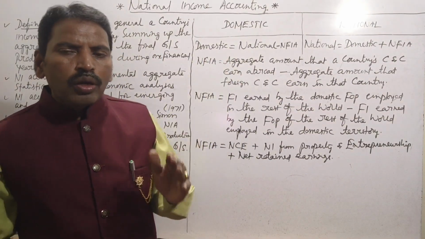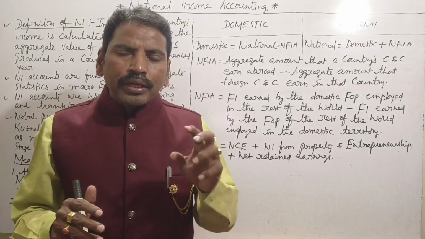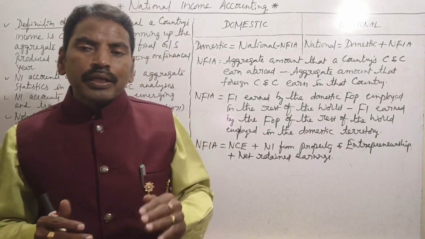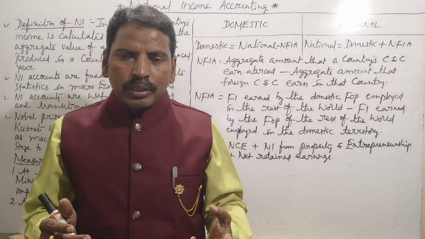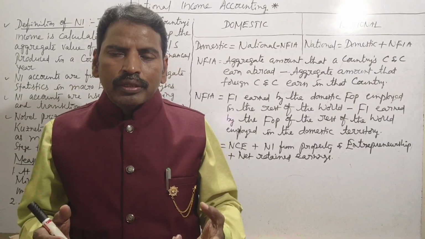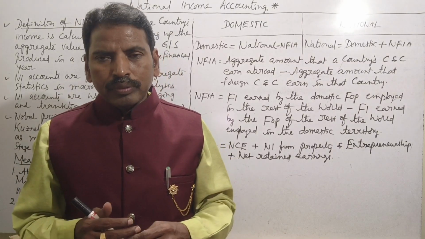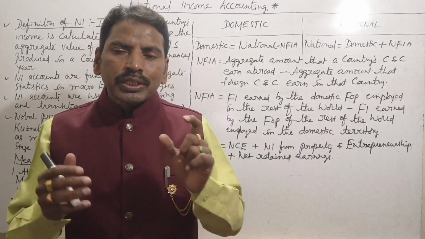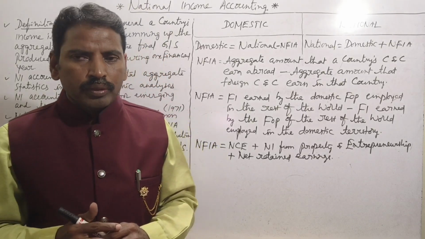Next, what is the meaning of net factor income from abroad? It is the difference between receipts and payments. So net factor income from abroad is equal to receipts minus payments.